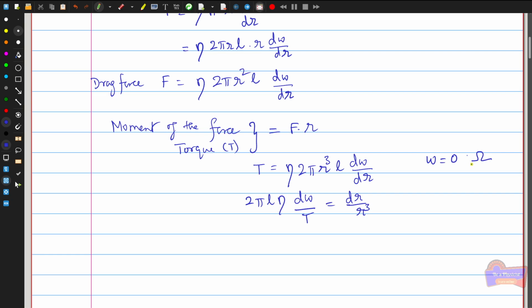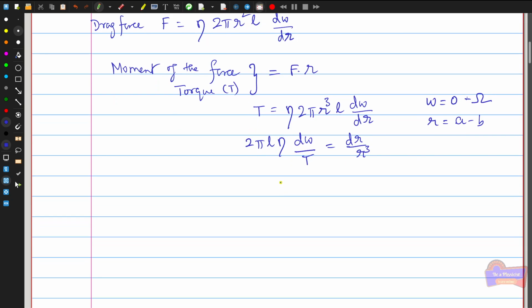The limits for r are from A to B. So the r is varying from A to B, and using these two limits, I can integrate this equation.